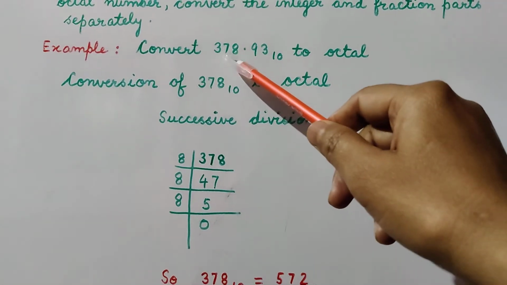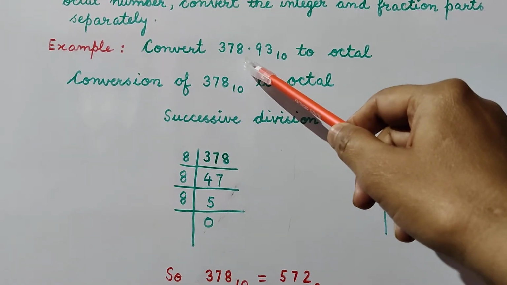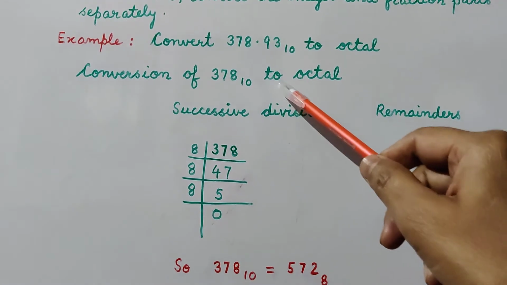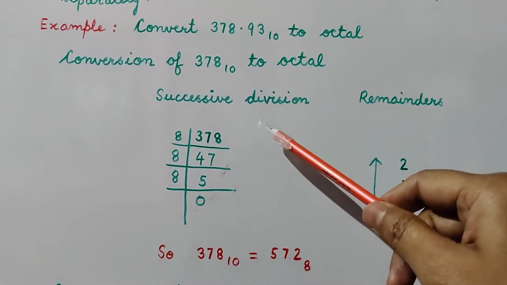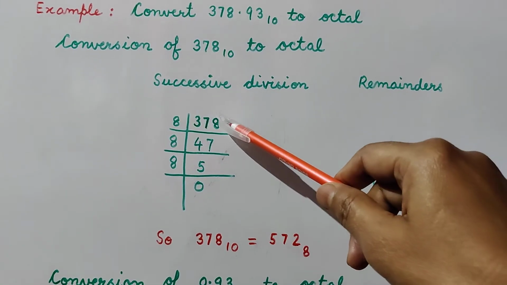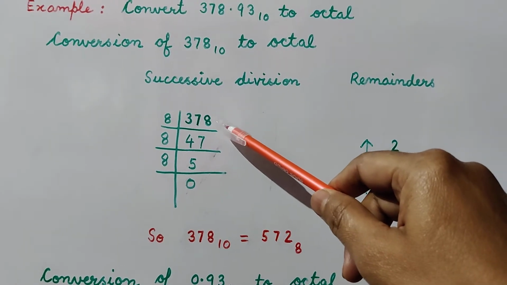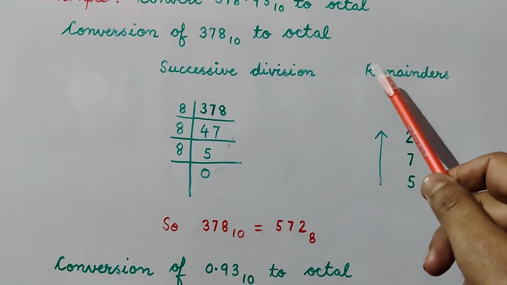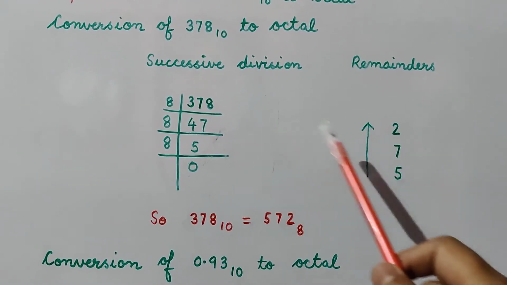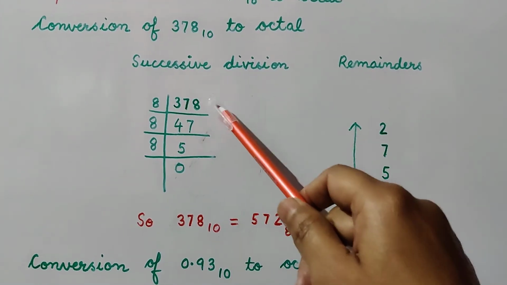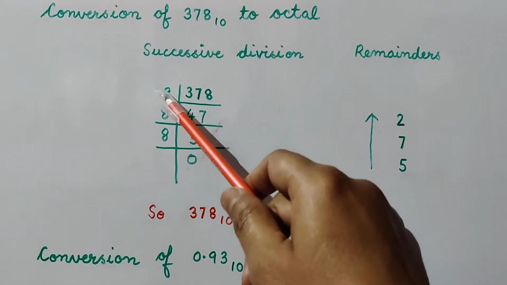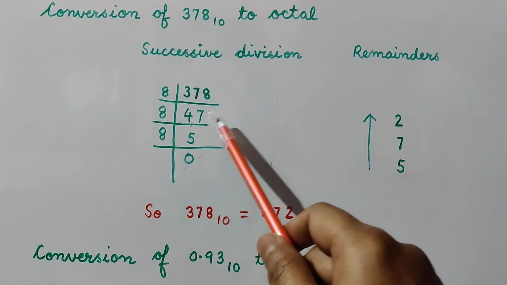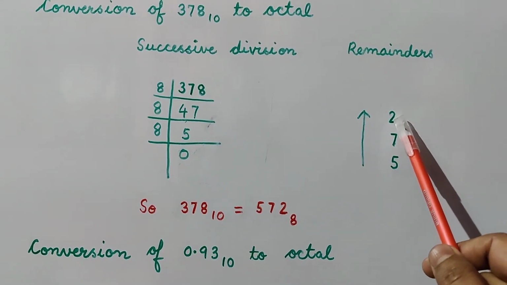So first we will convert the integer part. For converting the integer 378 to octal, we will divide the given number successively by 8, and we will write the remainders side by side. When 378 is divided by 8, the quotient comes out to be 47 and the remainder is 2.